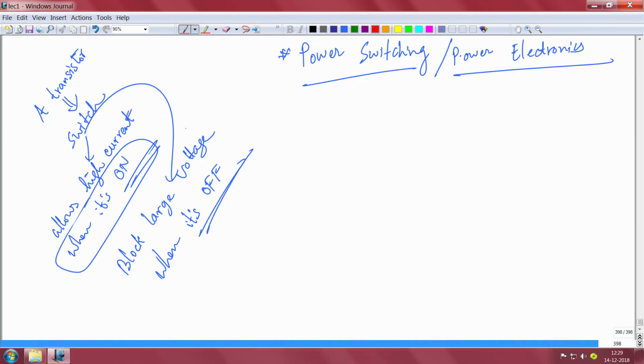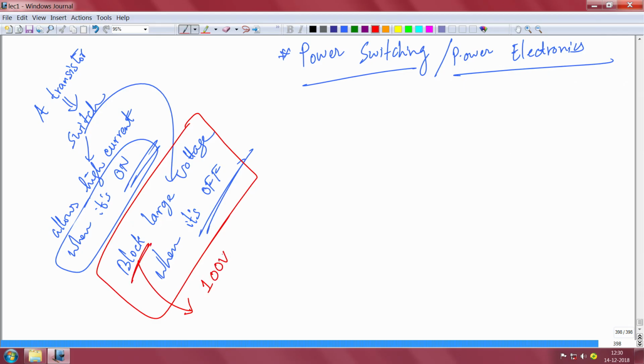And then in the off state, when you switch off the switch or the transistor, it should be able to block large voltage, maybe 100 volt, 50 volt, 200 volt, 1000 volt, whatever. You should be able to block that voltage when it is off. So, if it is able to block a voltage of say 100 volt, and if it is able to carry a current of say 1 ampere, you call it rated at 1 ampere 100 volt transistor.